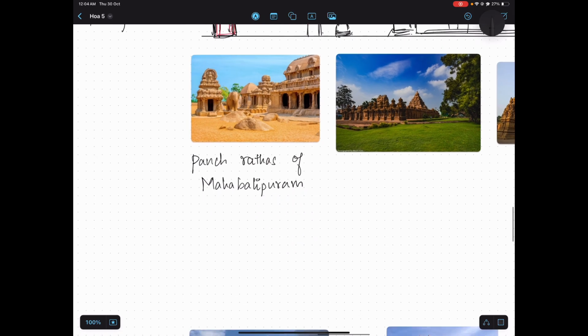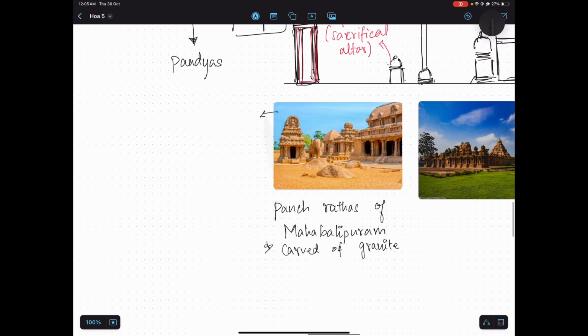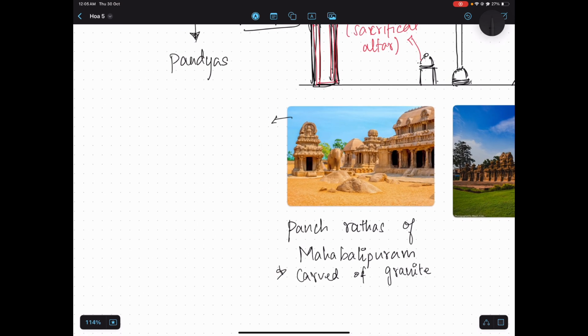Now they are carved out of granite, and an important thing about the Pancha Rathas is it represents the Pandavas, and it also had a small shrine for Draupadi.